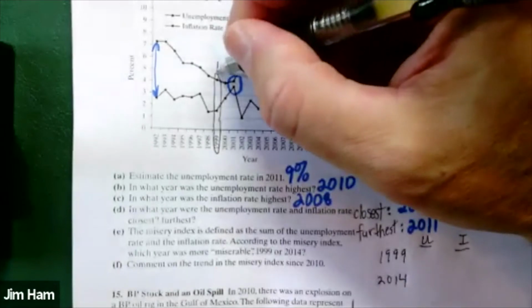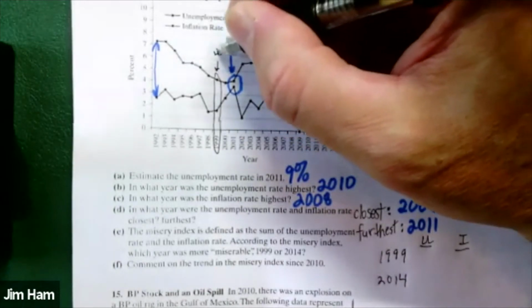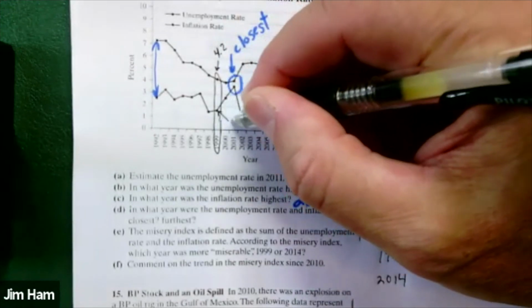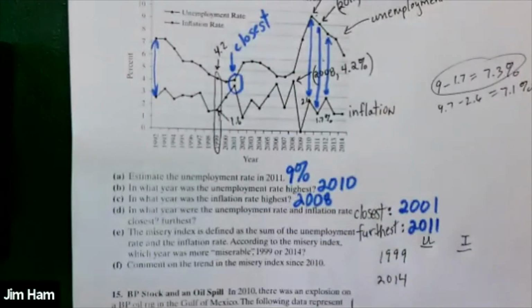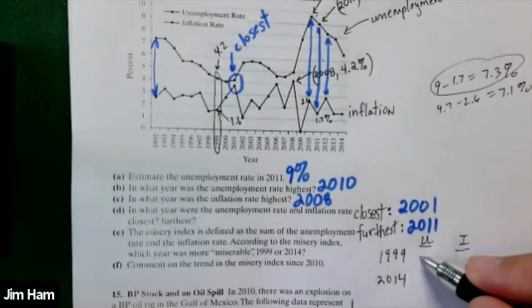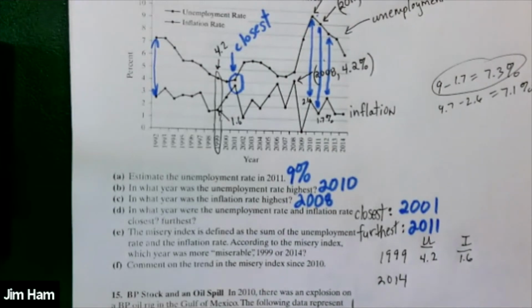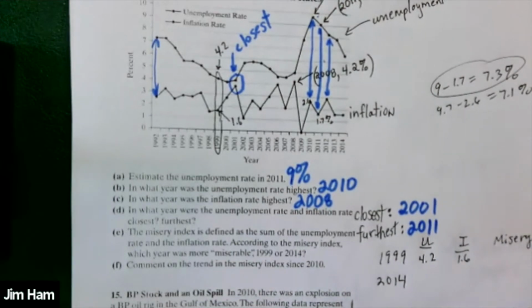Let's estimate this one to be 4.2, and this one to be 1.6. If you take the unemployment rate and add the inflation rate together, you get the misery index, which is 5.8.